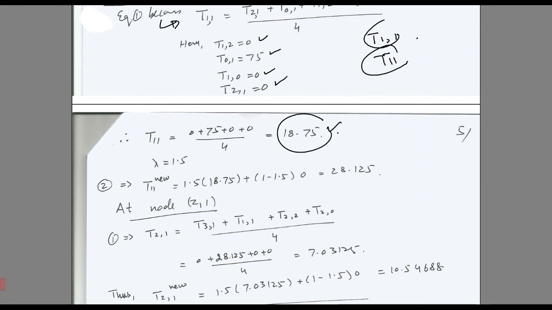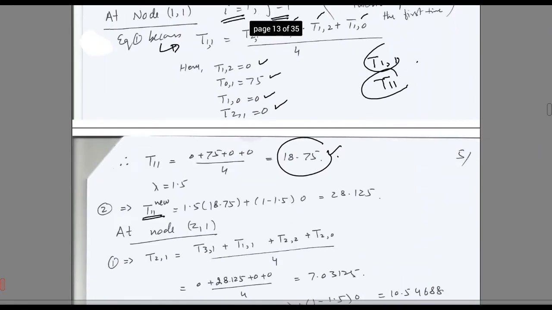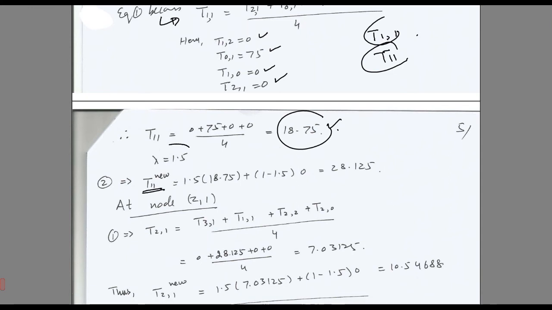We substitute and we get the value 18.75. Once we have this value, we apply the over-relaxation operator as in equation 2 here, using lambda. Lambda is 1.5. We apply equation 2, and we get the value 28.125.